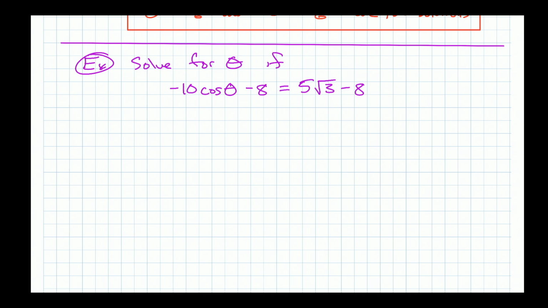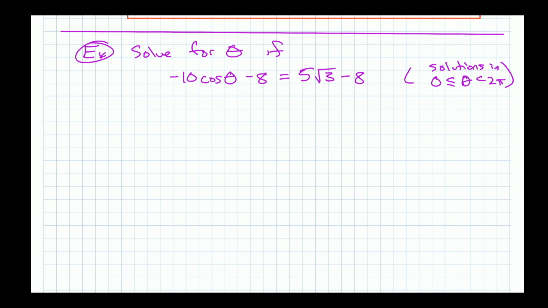And again, we only want the solutions in 0 to 2 pi. Right, so just those solutions, not all infinite number of them. So what are we going to do? Again, you're going to solve for the trig function with algebra.